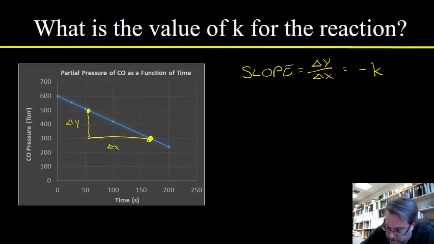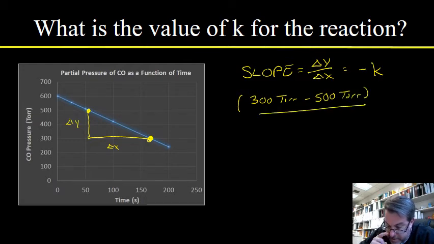So the slope is just the difference in the y-coordinates, and the partial pressure for that second point is 300 torr, and the first point is 500 torr.